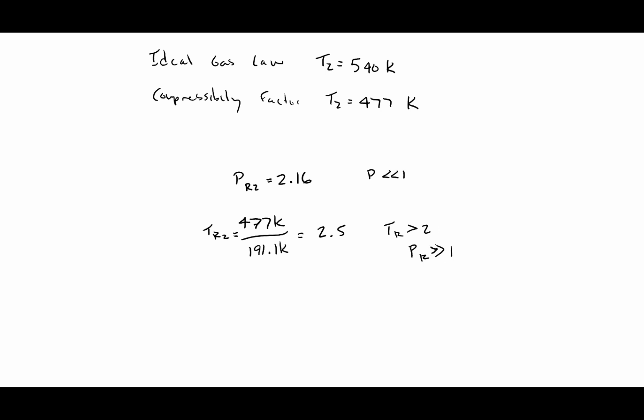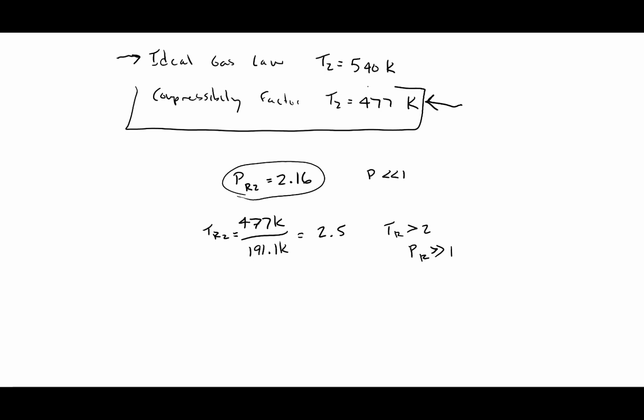So since the pressure is kind of high, I would probably say that our temperature calculation is more accurate with the compressibility factor or charts, assuming that you're getting the accuracy that you need from reading the chart. With that said, if you don't need a lot of accuracy, the ideal gas law might be sufficient. It just depends on what kind of accuracy you need. But the compressibility factor is likely going to be more accurate in this case.